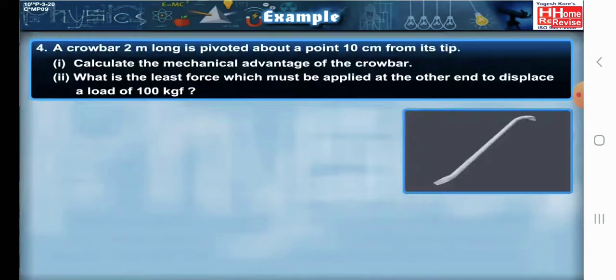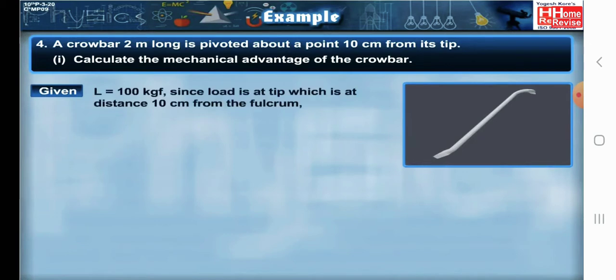Example 4. A crowbar 2 meter long is pivoted about a point 10 centimeters from its tip. First, calculate the mechanical advantage of the crowbar. Second, what is the least force which must be applied at the other end to displace a load of 100 kgf?